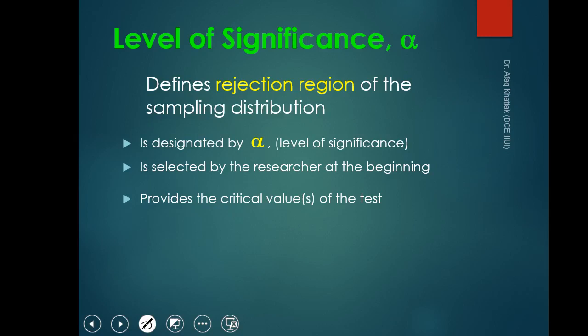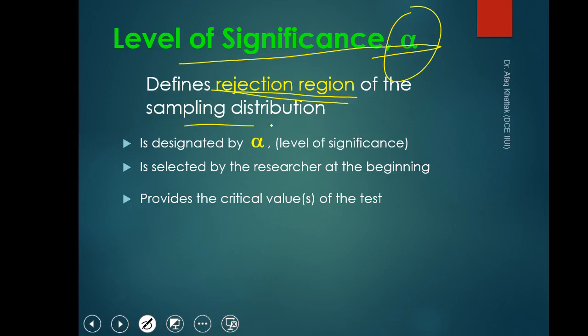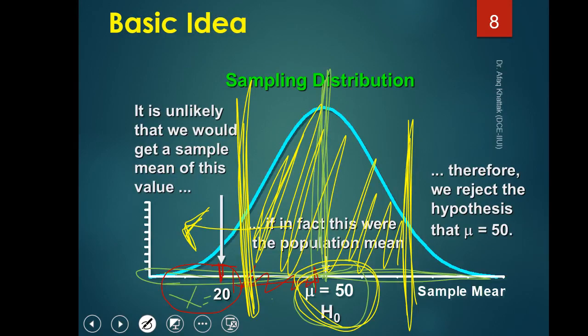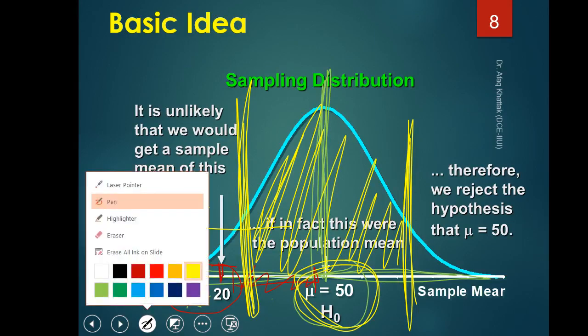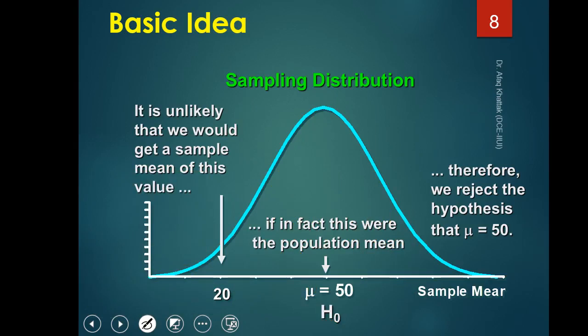Now formally, for calculating that critical region, we also need to define another parameter, that is the level of significance, which is alpha. It defines the rejection region of the sampling distribution. In the previous example, if the critical value falls somewhere here, we will calculate that critical value from a table.